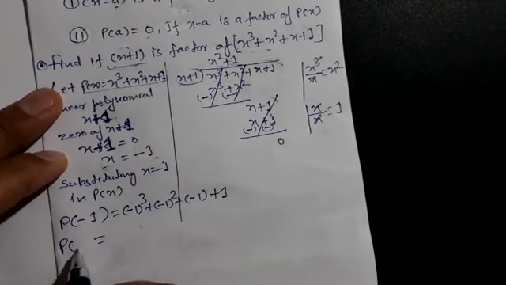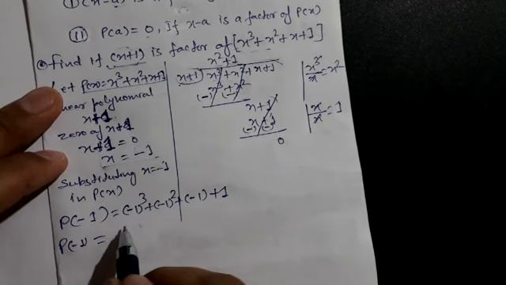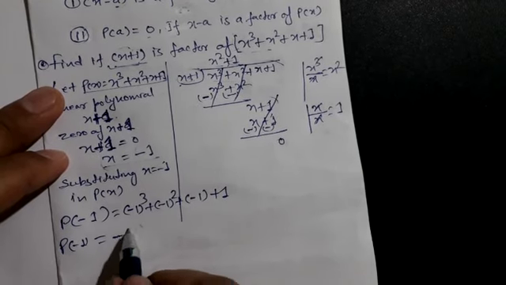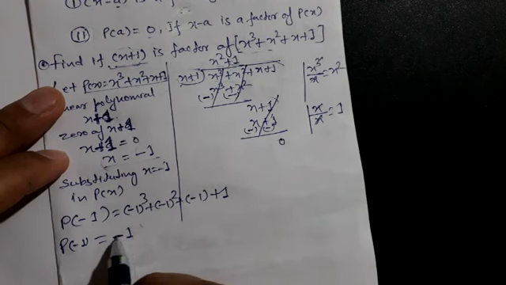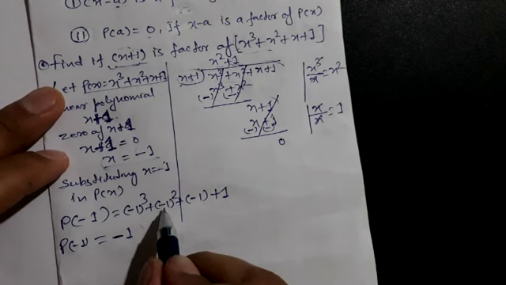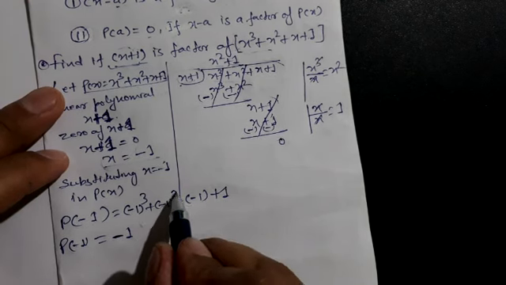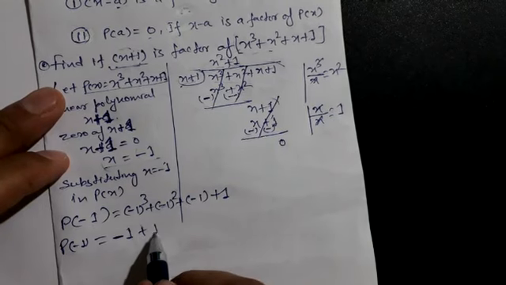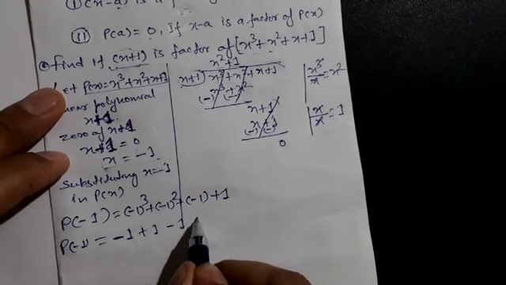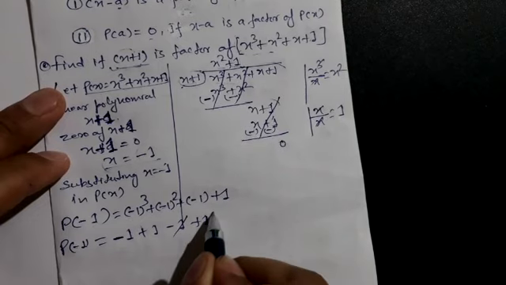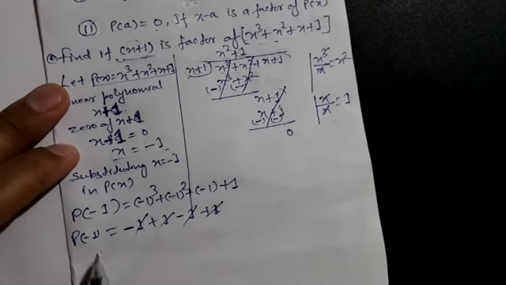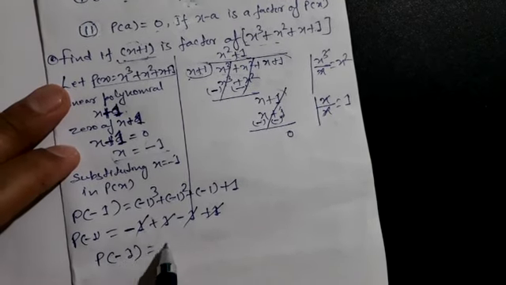So minus 1 cube is minus 1, and minus 1 square, within the bracket and the power is even, so it will become plus 1, again minus 1 and plus 1. So minus 1 and plus 1 cancel, minus 1 and plus 1 cancel. So p of minus 1 is equal to 0.